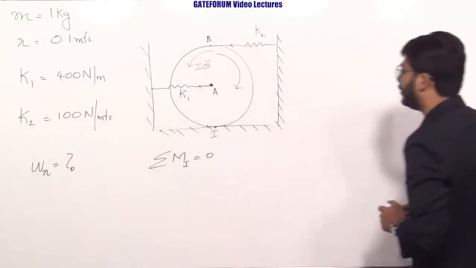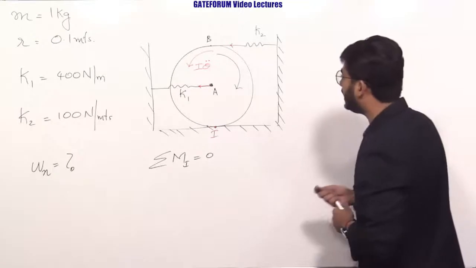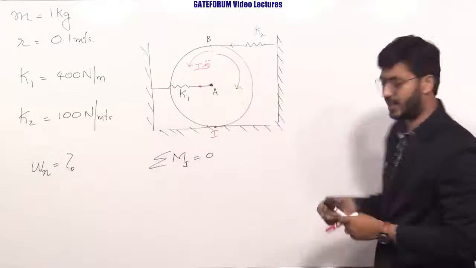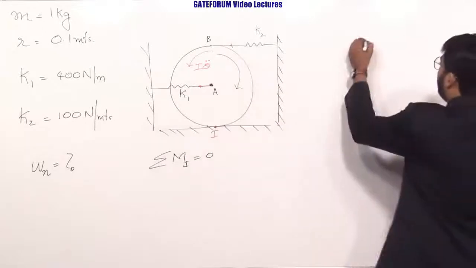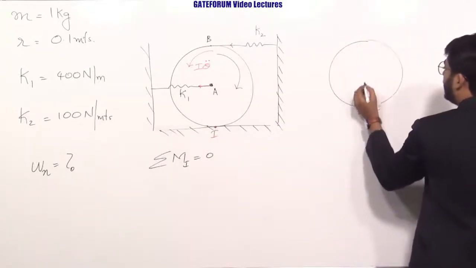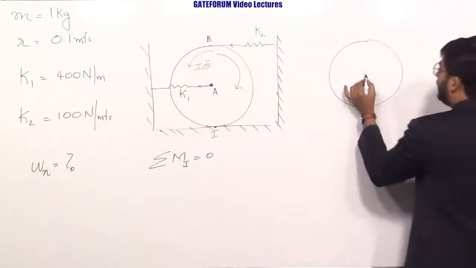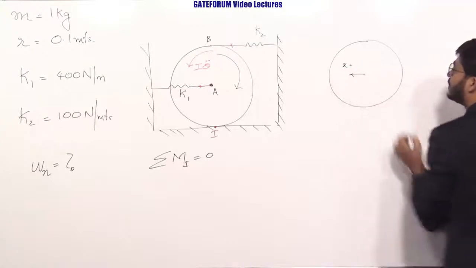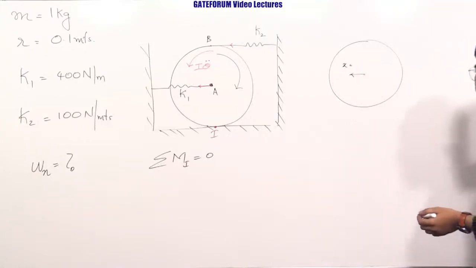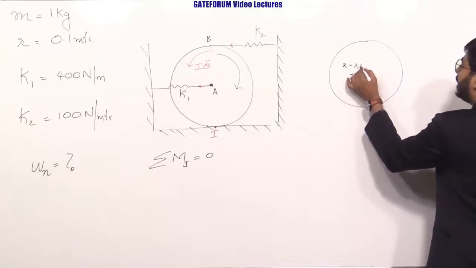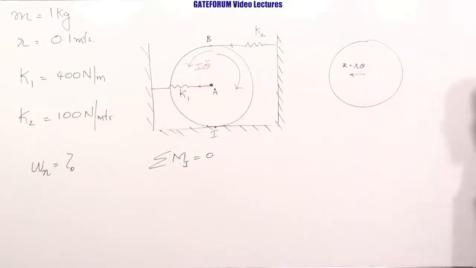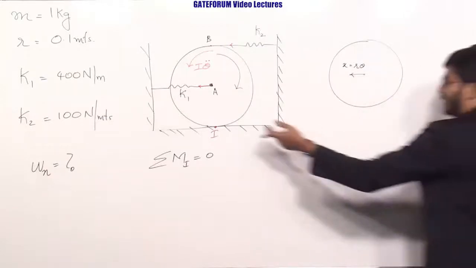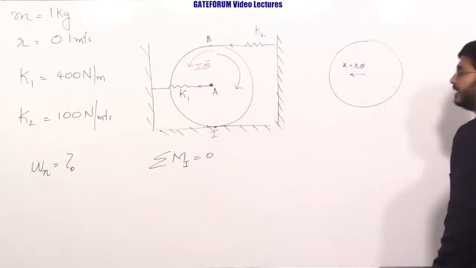Now, here the springs are located at different radii. If I analyze here, this spring will have a displacement of x equals r times theta, because this spring is located at a distance of radius r.